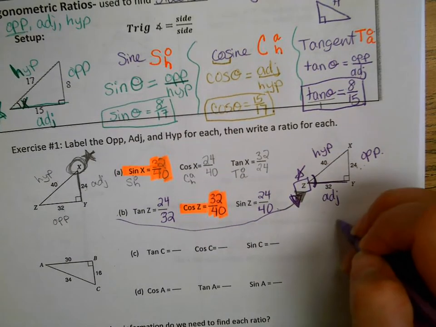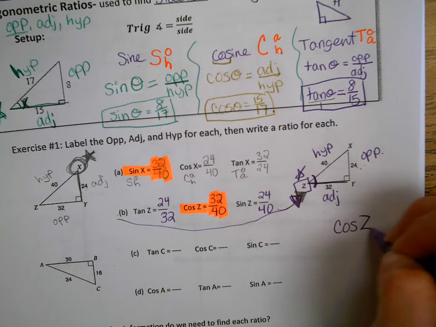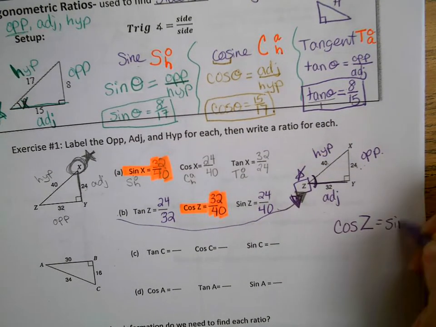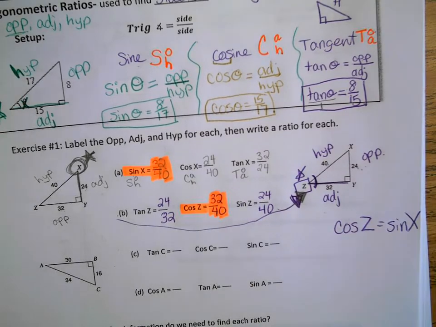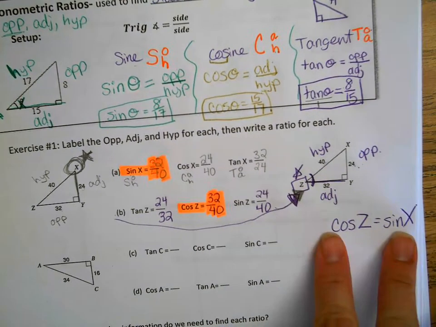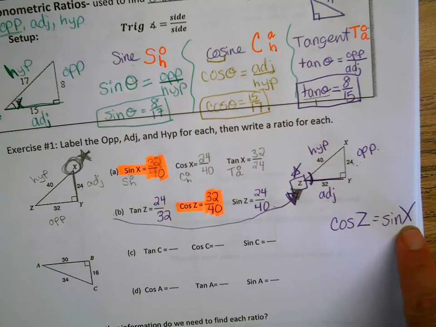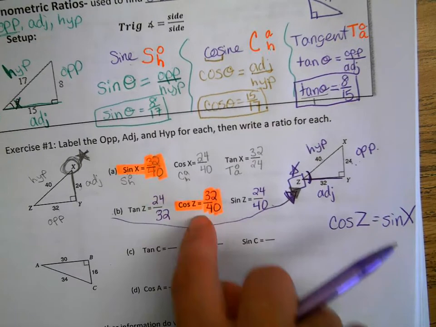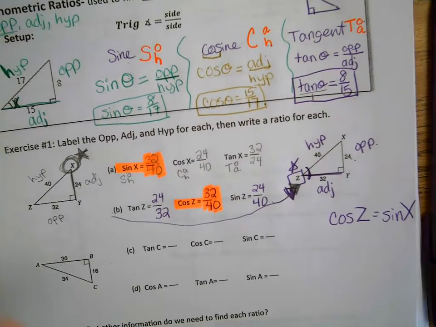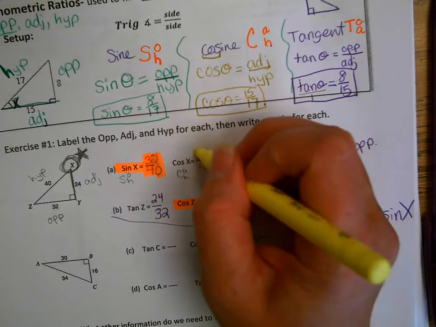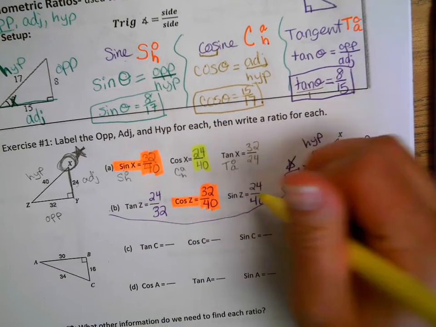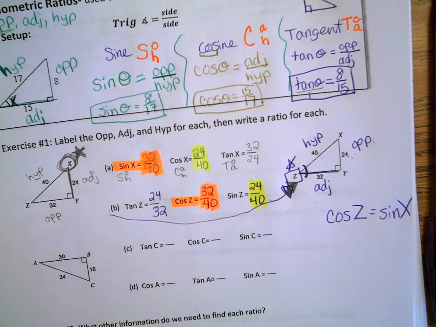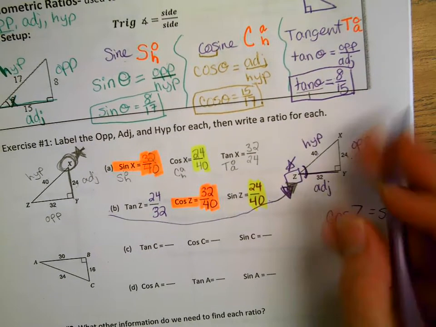That's a little rule we're going to talk about later, that cos from one angle equals sine from that other angle X. Okay? The cosine of one thing equals sine of the other, because those ratios are equivalent. Same thing, vice versa, with cos X is 24 over 40, sine Z is 24 over 40.